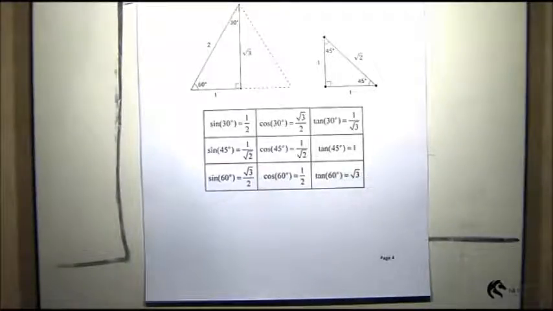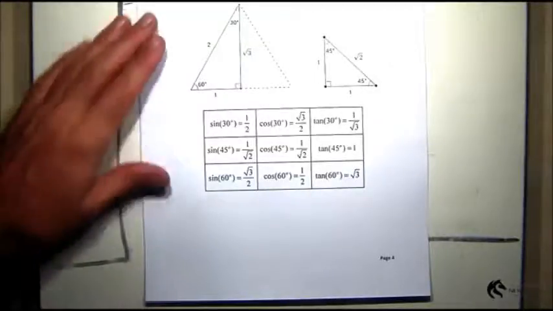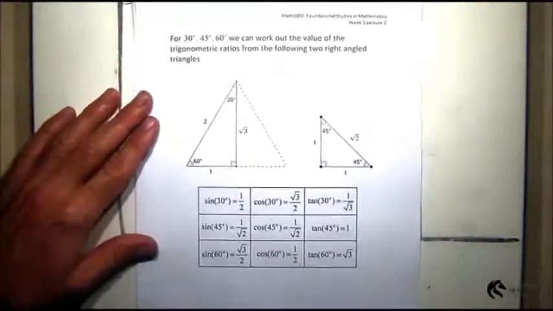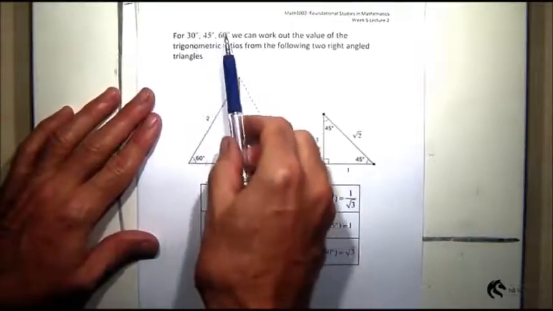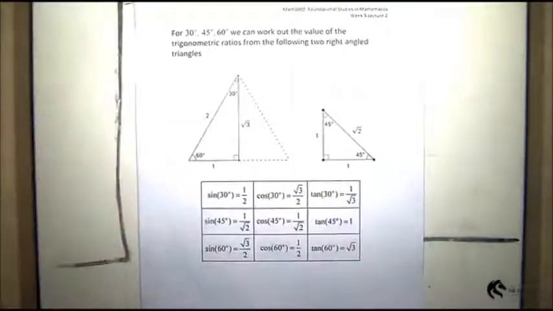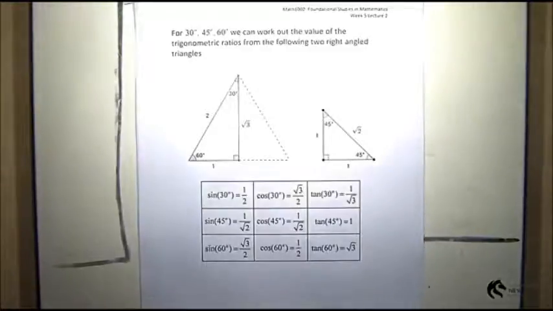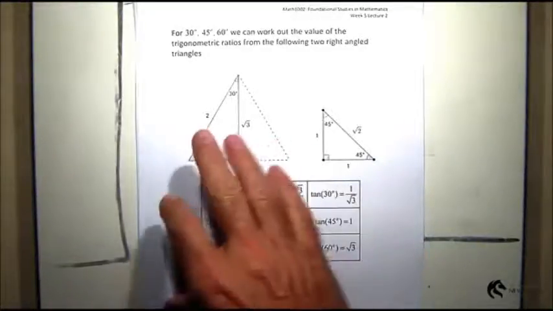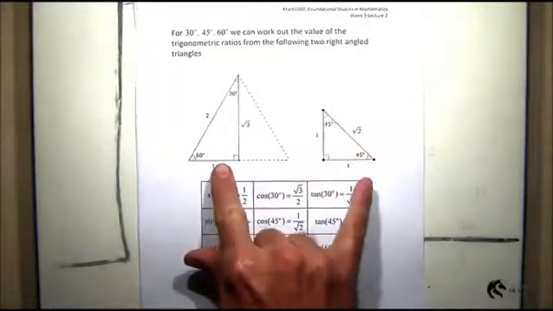For 30 degrees, 45 degrees and 60 degrees, we have very simple triangles that will help us out. So we know the trigonometric ratios from these following two right-angled triangles.